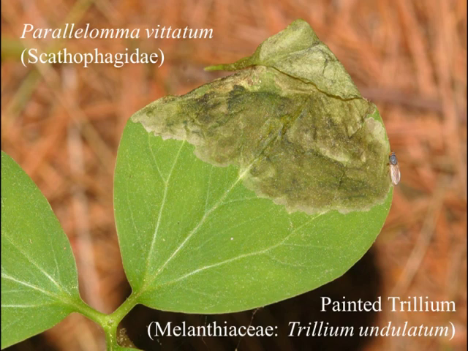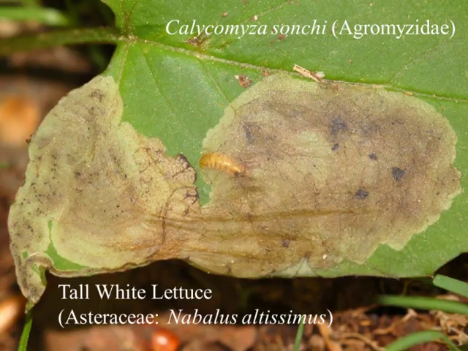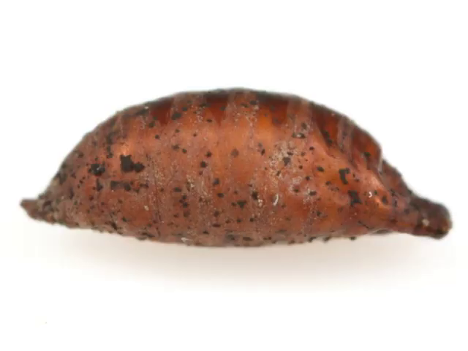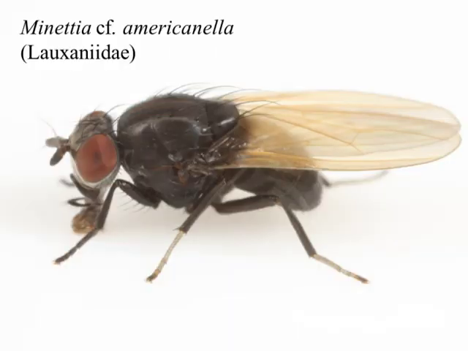And the following spring, I collected some agromyzid mines like this one, and like a week later the agromyzid larvae exited and pupated, but there was this one larva that kept feeding a while longer and was white instead of yellow like the agromyzid larvae. And then its puparium had this whitish calcareous residue that's characteristic of Lauxaniid puparia, and the following year this adult Minettia emerged, confirming my suspicion.